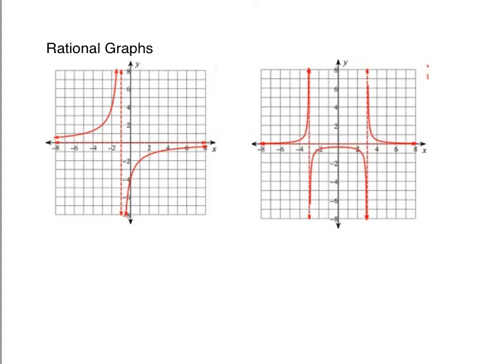Notice in rational graphs there are often areas where the graph is broken up or discontinuous. In this graph here, we have this piece of the curve and then there's a break in the graph where it continues in this part of the graph.